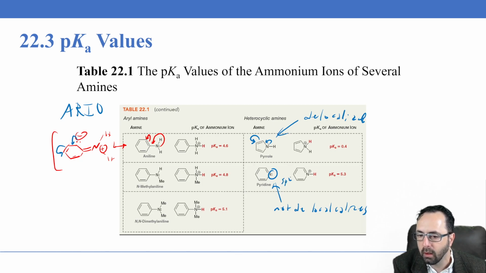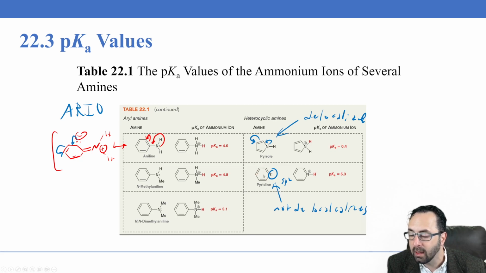It's got 3 electron groups. One of them is a lone pair here, but its unhybridized p orbital is tied up in being involved in this aromaticity, and so the pyridine is particularly stable, and so losing the protonation from the pyridine does produce a stable product. So the pKa is quite low, analogous to these benzylamines.